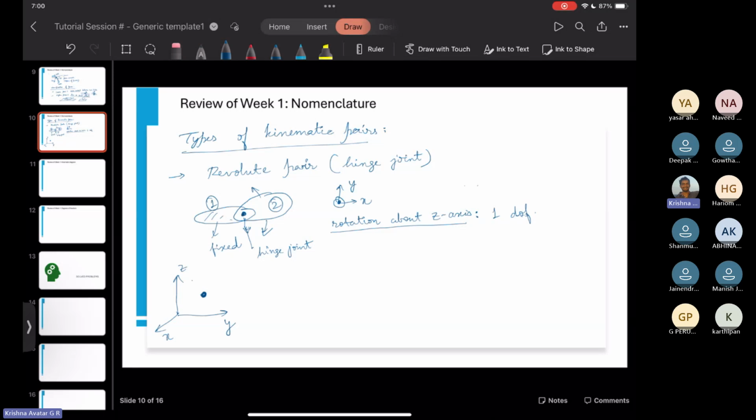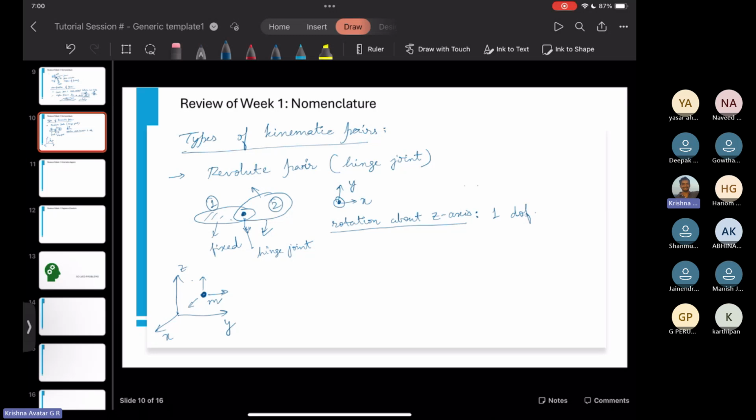Deepak, let's start with you. What all motion can this mass take? Yes, Krishna. It can translate in x direction, y direction, and z direction, translatory motion, as well as rotational. Now there is a catch here.